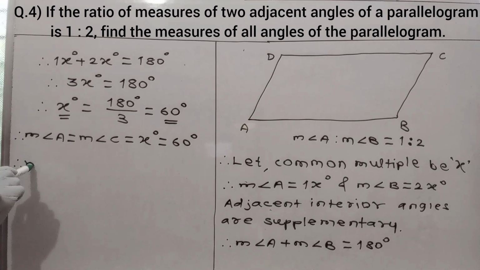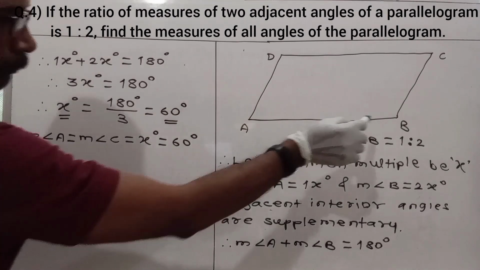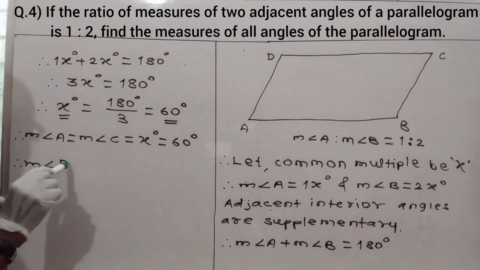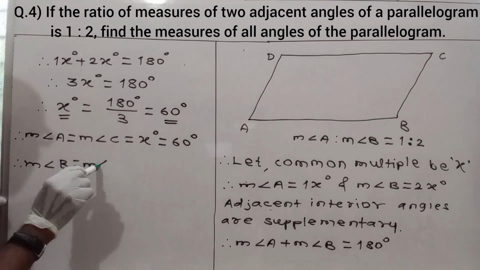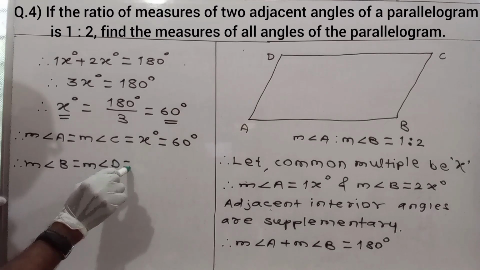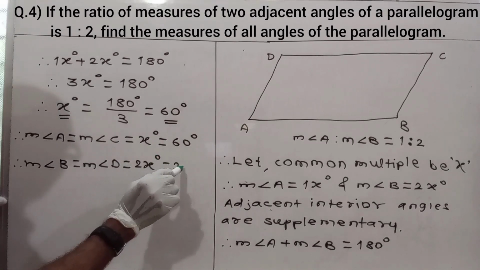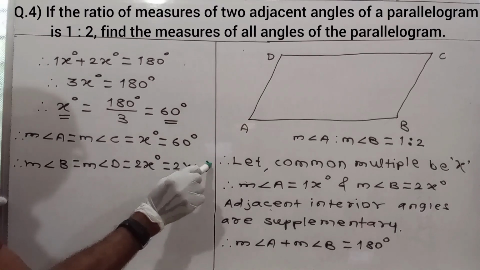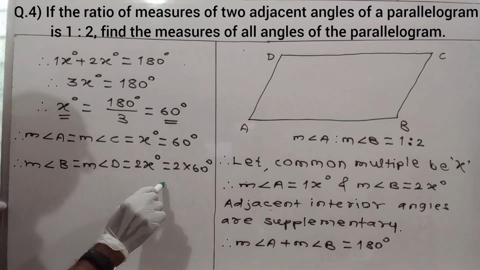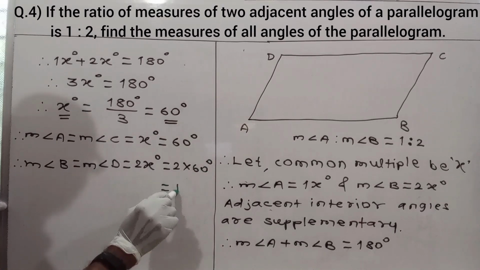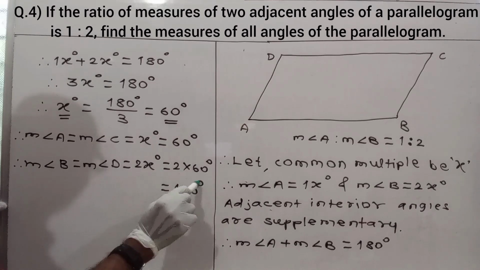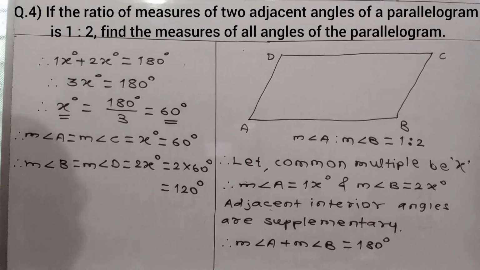And second, measure angle B is equal to measure angle D is equal to 2x degree is equal to 2 into 60 degree. Therefore, answer is 120 degree.